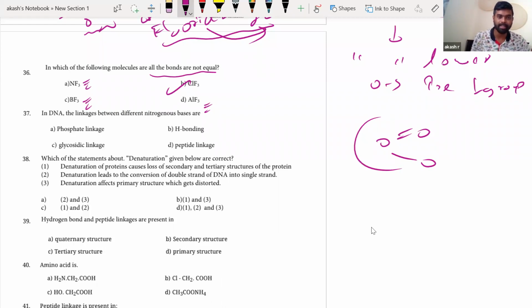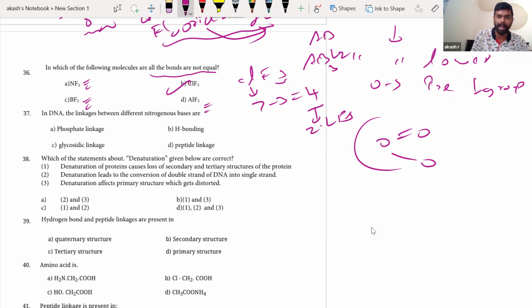Okay, now ClF3. Now Cl has 7 valence electrons. Out of them, 3 are involved in bonding. So I have 4 more electrons left out. So 2 lone pairs. Right. So this is of the category AB3L2. Okay. So if you had AB5, that is all 5 bonding atoms, I would have had a structure like this. Right.